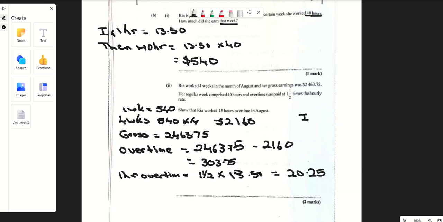So if $20.25 is equal to 1 hour, then $1 would be 1 over 20.25. Therefore, we want to find out how many hours she would have to work to earn $303.75. So that would be equal to 1 over 20.25 multiplied by 303.75.